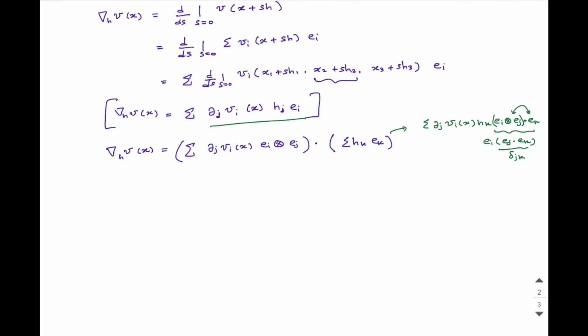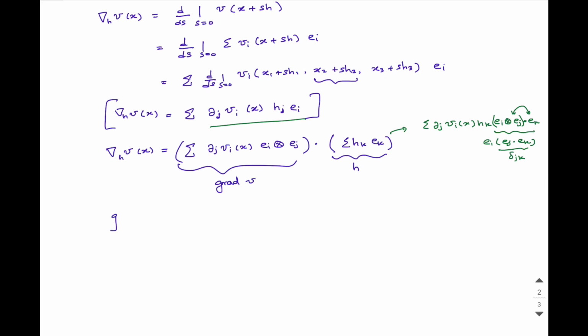Good. And notice now that this quantity here is nothing but h. So that immediately tells you that the quantity here is the gradient of v. Okay, so what we see is that the gradient of v at the point x is nothing but this expression. It's partial_j v^i of x e_i tensor product e_j.